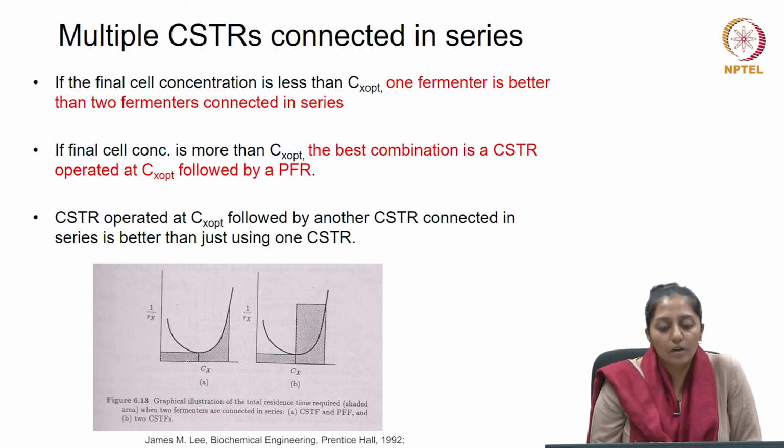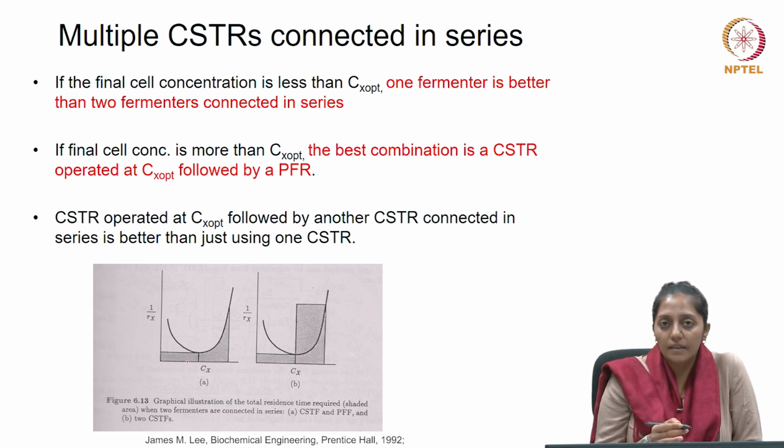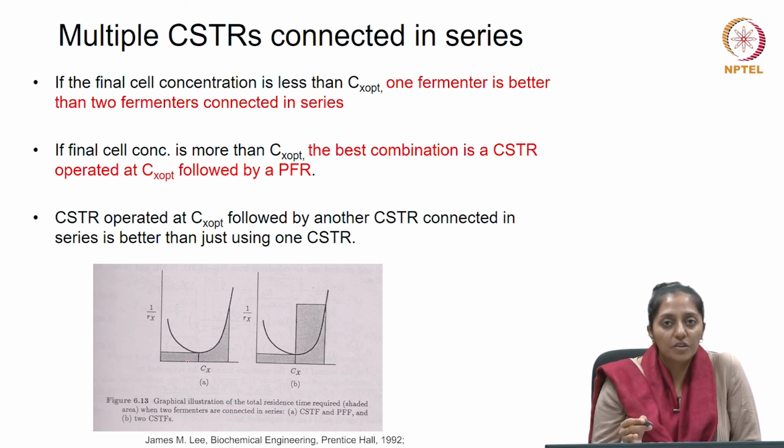If the final cell concentration is more than the Cx optimum, then the best combination would be a CSTR running at the Cx optimum, where 1 by Rx is minimum, followed by a batch reactor, which is a plug flow reactor, which follows similar batch kinetics, that is, a PFR.